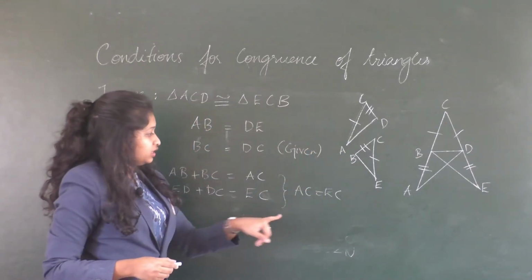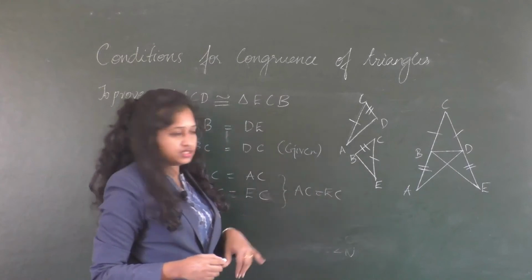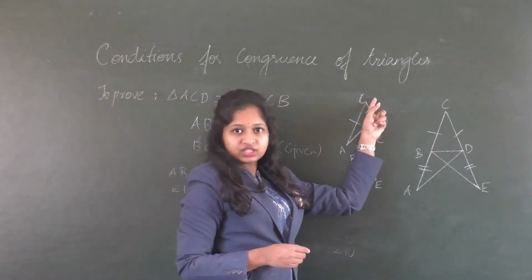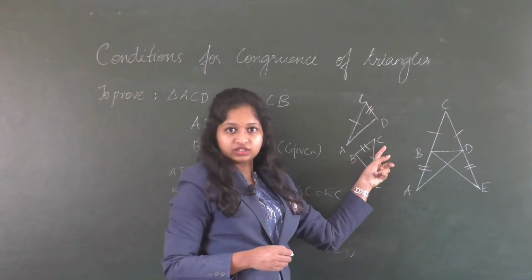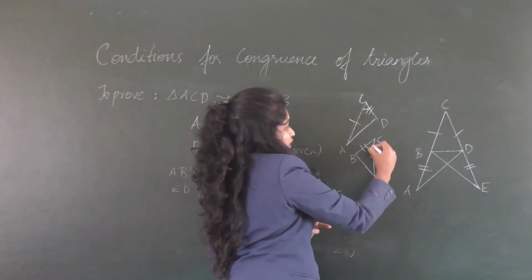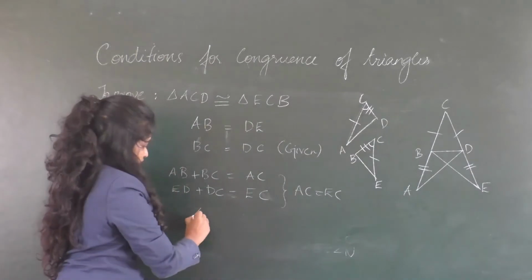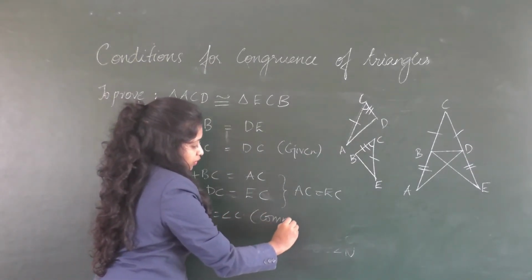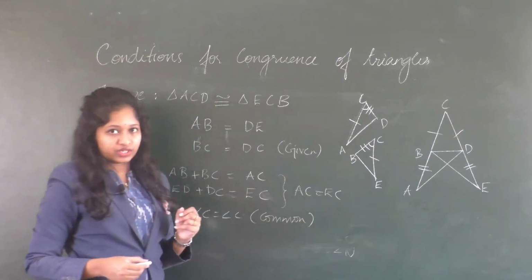BC equal to DC, AC equal to EC. And see, here also we have C, here also we have C. That means angle C equal to angle C is common for both the triangles.